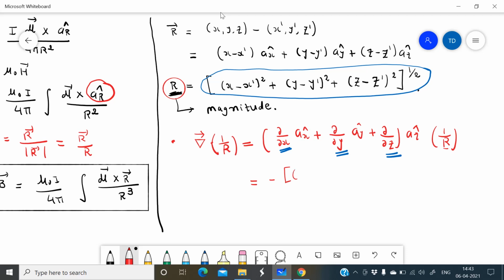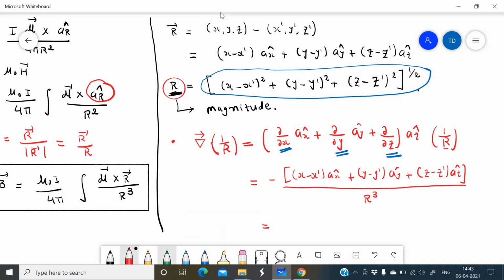We get (x minus x dash) ax plus (y minus y dash) ay plus (z minus z dash) az divided by r cube. This upper quantity is nothing but the r vector.